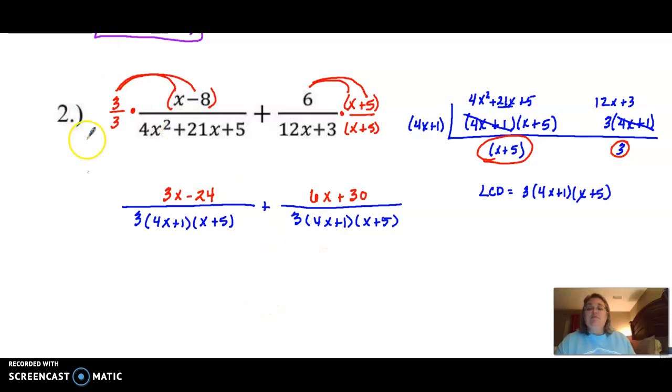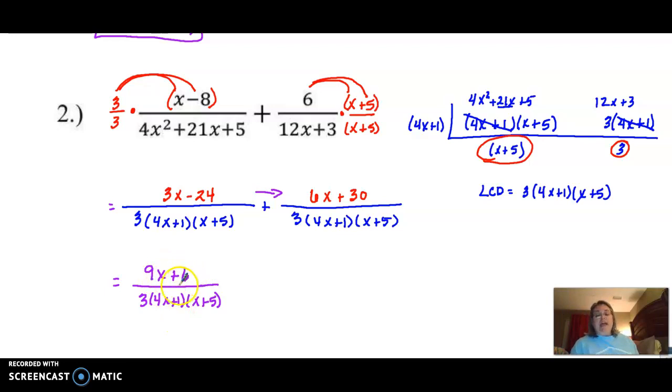Then, just like before, we will add across the tops. 3x and 6x gives me 9x. Negative 24 and positive 30 gives me a plus 6 over 3 times 4x plus 1 times x plus 5.